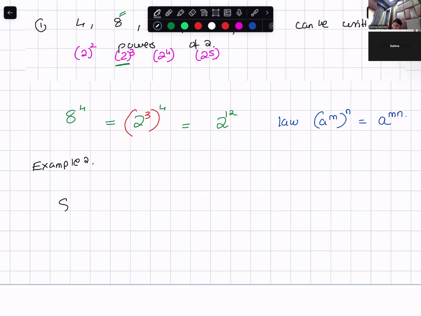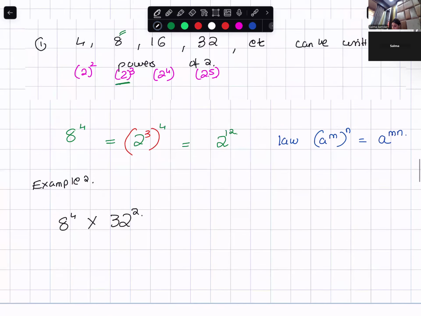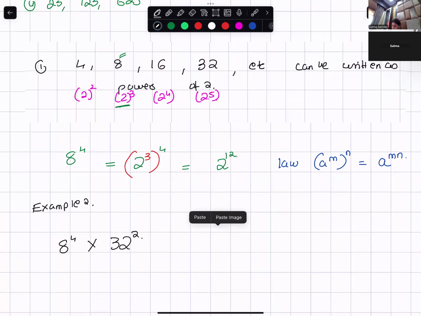Let's take another example. I have 8 to the power 4 multiplied by 32 to the power 2. Try to convert it. To apply the law of indices, I need to convert it to the same base. Use the law a raised to m multiplied by a raised to n, where the base should be the same.